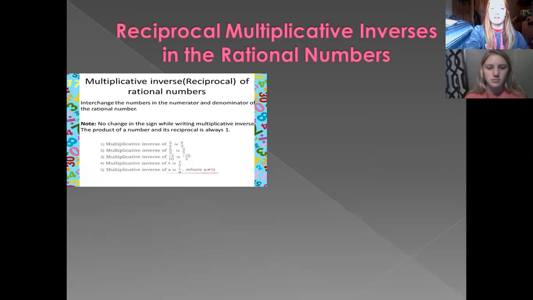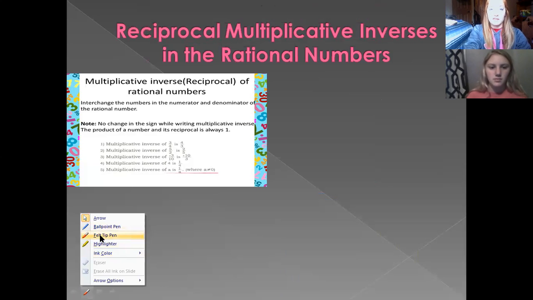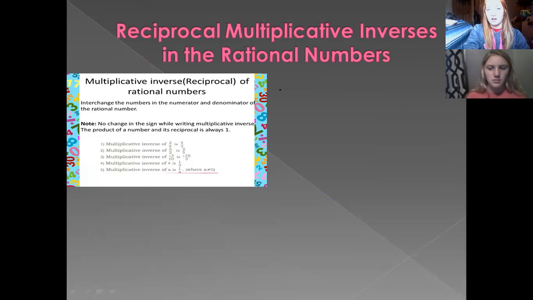Let's move on. Okay, so now we're going to do a couple of practice problems with the multiplicative inverse of rational numbers. So you're going to have to ignore how rough my handwriting looks with this thing. So we're going to do 3/4 times 4/3. And when you multiply fractions, you just multiply numerator times numerator and denominator times denominator, and then you'll end up simplifying if need be.